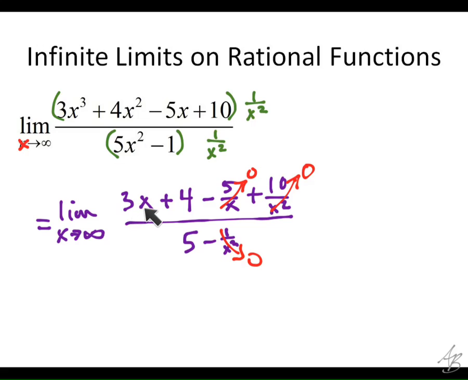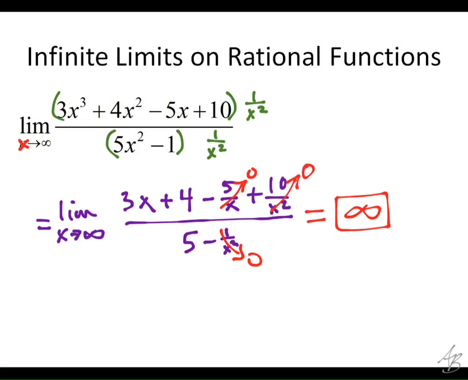Okay, so 3 times infinity is infinity, plus 4, still infinite, right? We're not really changing that. So we have an infinite number, a number increasing without bound on top over a finite number. What's that going to be? That's going to be infinite.